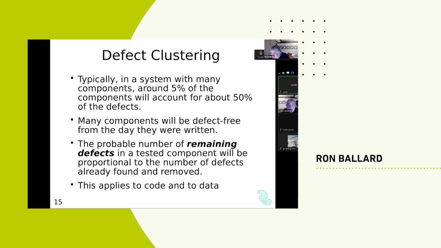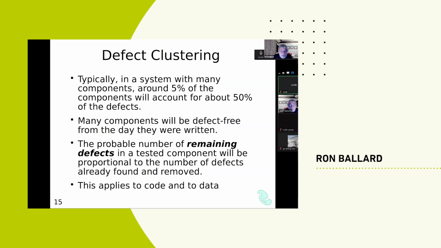So I'm going to change gears now and talk about defect clustering. If we're looking at programming, writing applications, typically in a system with many components, around 5% of the components will account for about 50% of the defects. There have been lots of studies that have shown very similar numbers to this.